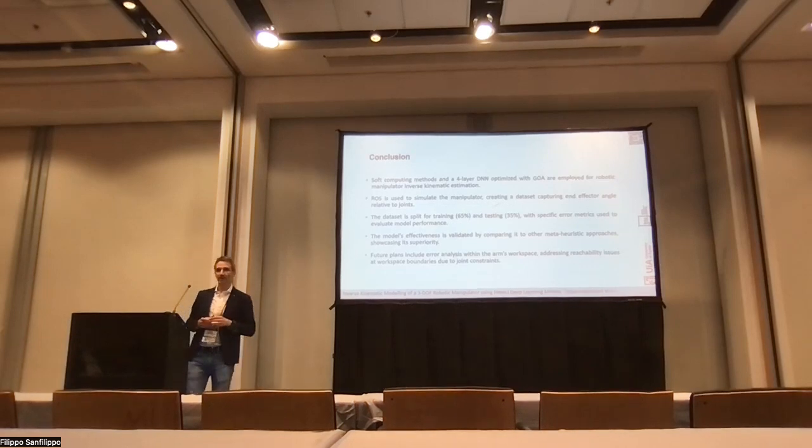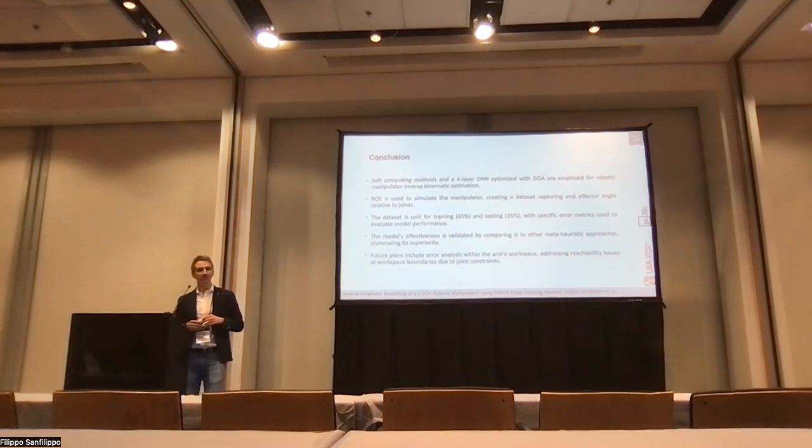We have compared it to two more metaheuristics, the gray wolf optimization algorithm and the particle swarm optimization algorithm. And we have implemented this in a simulator environment, which used the already quite established Robot Operating System and the Gazebo simulator.